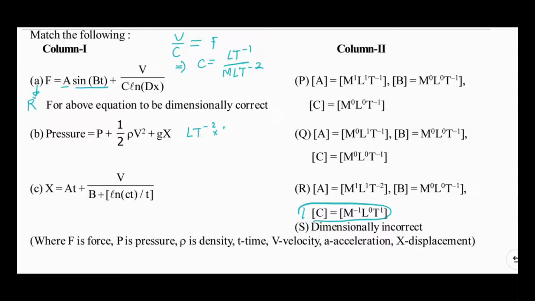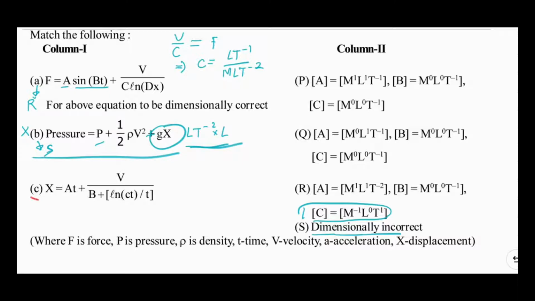When multiplied with X, which is displacement, this term is not going to give me the dimensions of pressure. This term is added to pressure. So for this equation to be dimensionally correct, all the terms which are added should have the dimensions of pressure. But this term does not have the dimensions of pressure. Hence, definitely this expression is dimensionally incorrect. So option B is dimensionally incorrect. Hence, I can match it with option S in column 2.